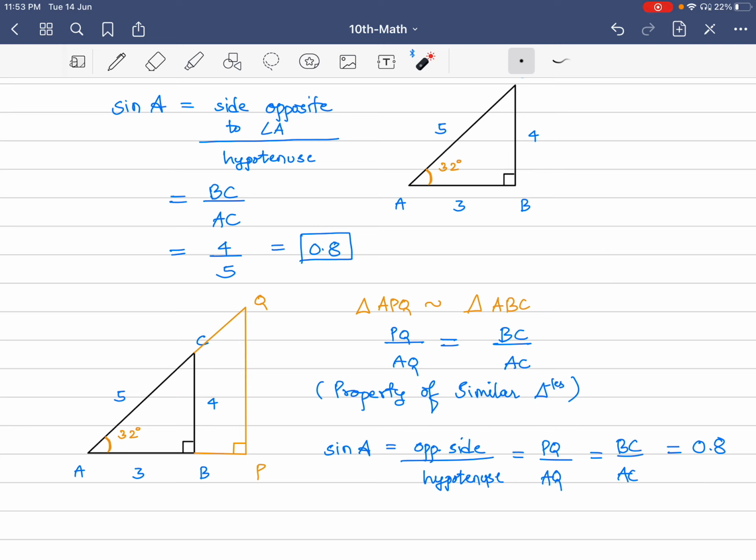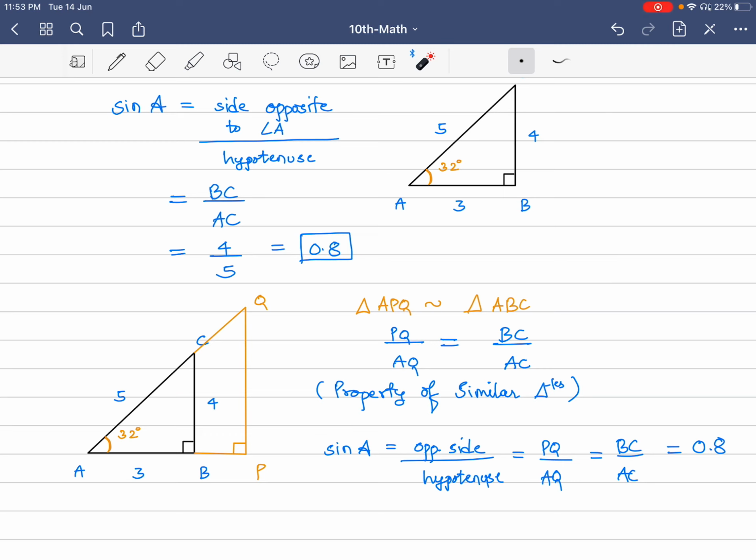Thus, an important property: the value of angle A determines the sine of A, not the value of the sides of the triangle. It's the value of the angle that is more important. If this is 32 degrees, this is 32 degrees, then the value of sine A is going to be the same.